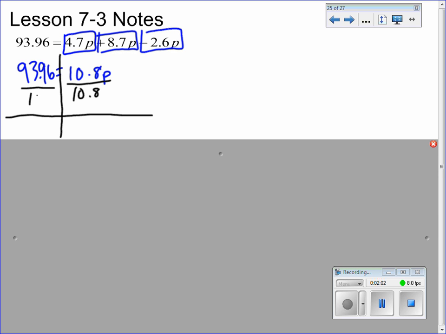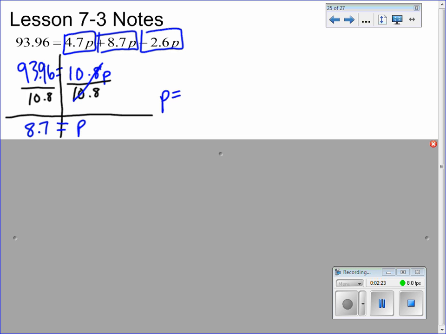We're trying to get p all by itself, so we have to get rid of whatever's paired with it. On this side, you're left with just p, which is good. Then we take 93.96 divided by 10.8, and you should get 8.7.